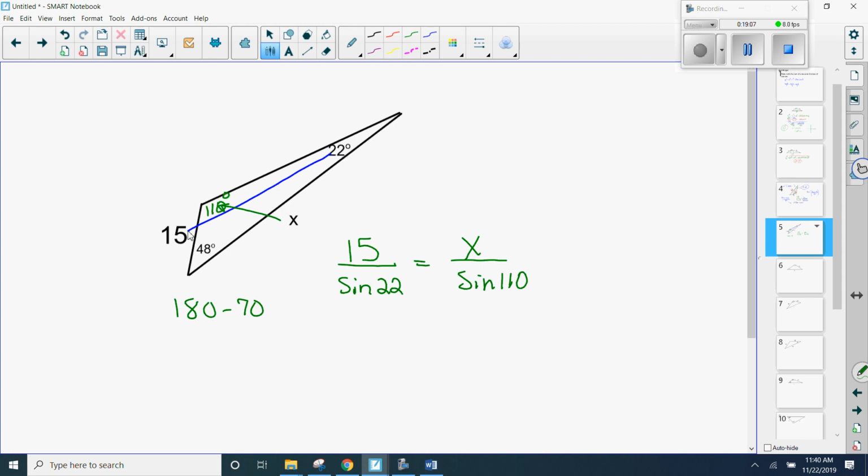Now what do we do? Cross multiply and divide. This one you just type in your calculator, cross multiply: you're going to take 15 times the sine of 110 degrees, and you're going to divide by the sine of 22. Some of you might type that in as a fraction if you were using the TI-84s.